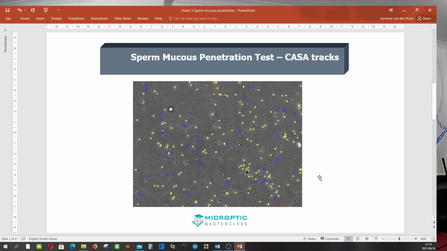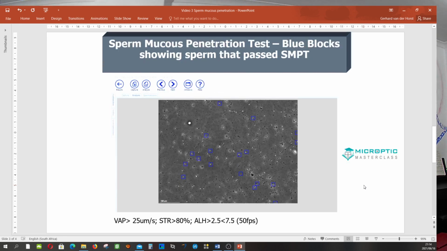So let us see what happens here in this instance, where we have a typical analysis of sperm motility in seminal plasma. And here you can see how the sperm is actually swimming, progressing. And what we do now is we look at the analysis of which sperm are actually past the test of mucus penetration.